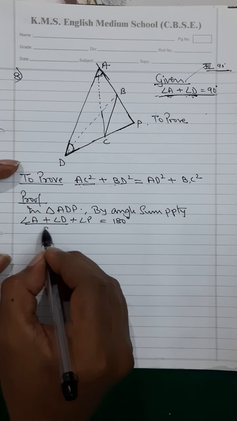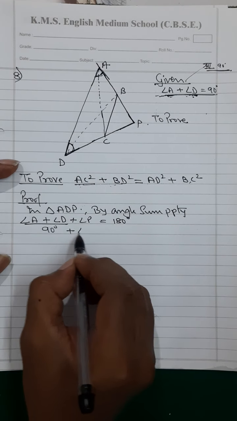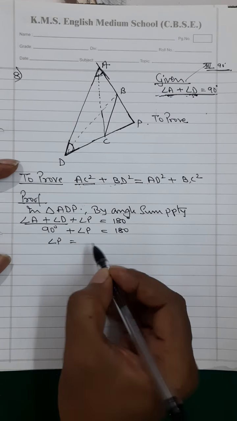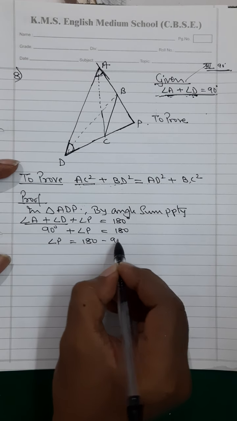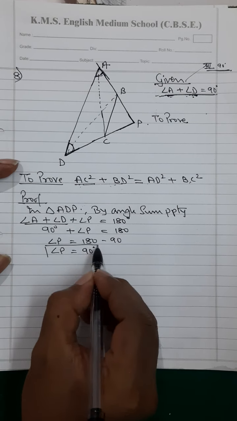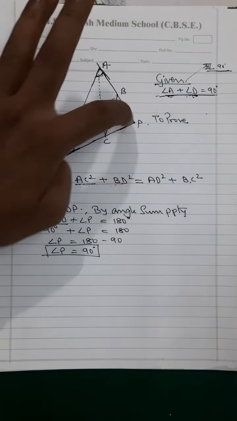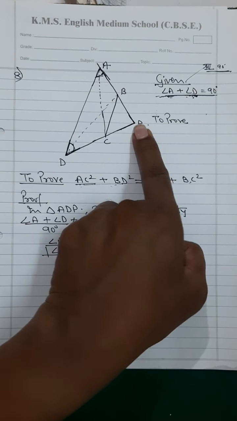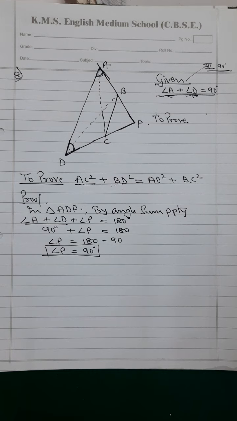Angle A plus angle D is given to you 90 degree, plus angle P is equal to 180. So you will get angle P is equal to 180 minus 90. So you will get angle P is equal to 90 degree. So now you know that angle P is 90 degree. All the triangles that are going to form on angle P will be having Pythagoras theorem.